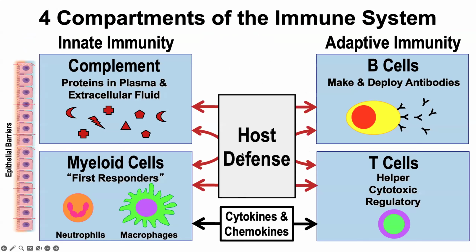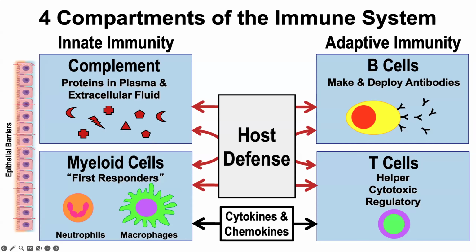In terms of when I think about the immune system, trying to make it as simple as possible, I think about it in terms of these four compartments. Two of the compartments are part of what we call the innate immune system. That's the part of your immune system that you're born with, and it doesn't really learn in the way that we think about the other part of the immune system. It contains two compartments: the complement compartment and the myeloid compartment.